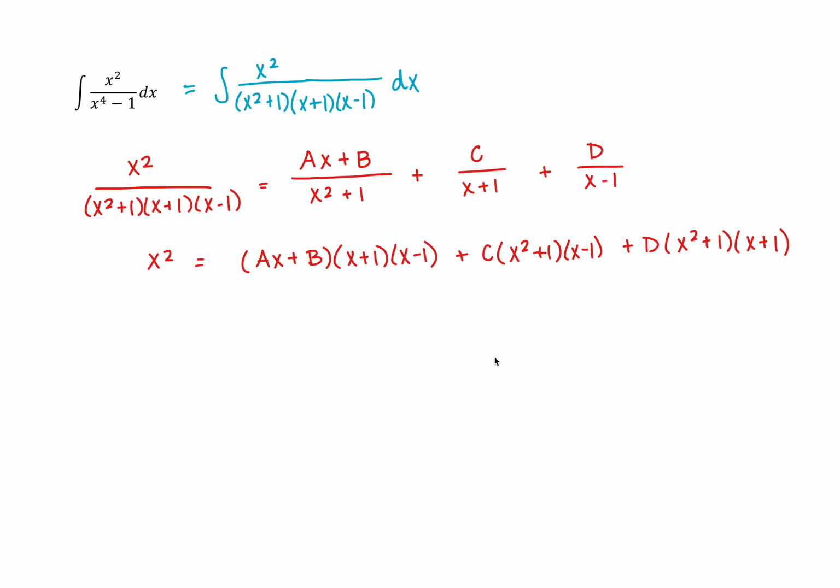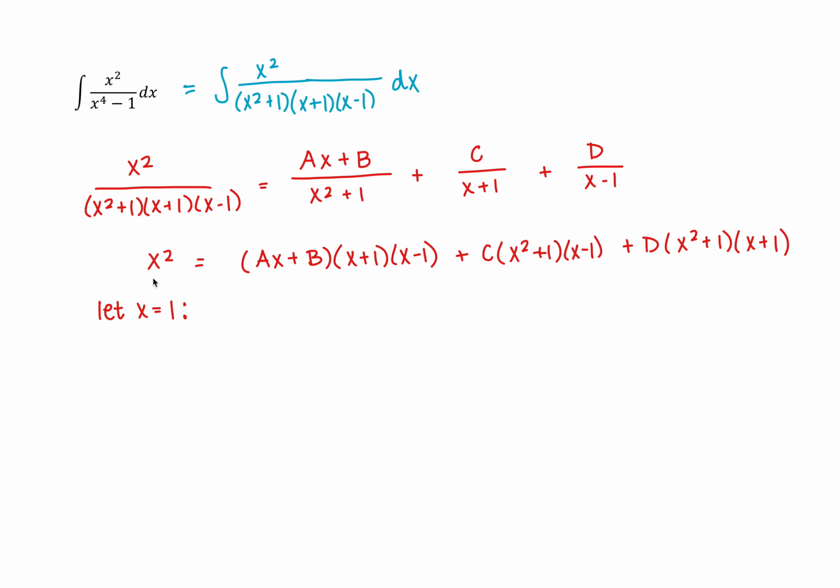What I'm going to do is start out by letting x equal 1. And if x equals 1, then this ax plus b times x plus 1 times x minus 1, that whole thing is going to go to 0 because 1 minus 1 is 0. So it wipes that out. Same thing here with the c. 1 minus 1 goes to 0.